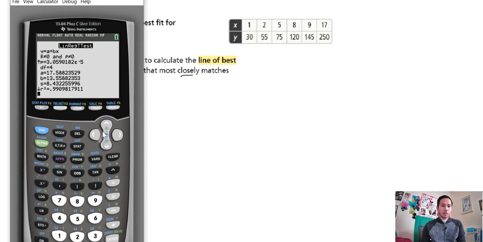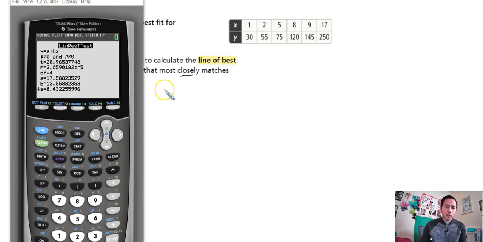So your A here, okay, you see this A, which is 17 point. So your A, I'm sorry about that. Your A, this is your y-intercept, and your B, that is your slope, right?